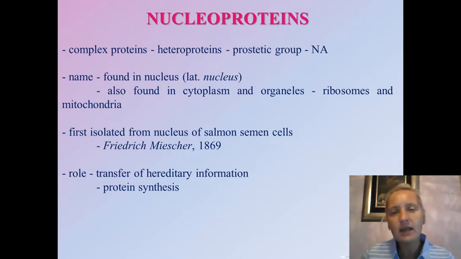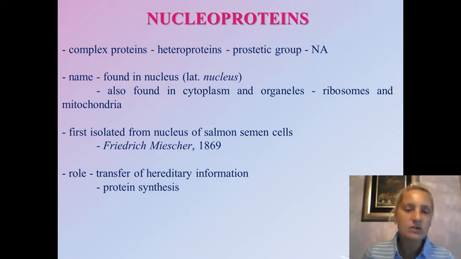Nucleoproteins are named upon the fact that they have been found in a nucleus first, and the Latin name for nucleus is nucleus. Apart from the fact that they have been primarily found in the nucleus, they can also be found in cytosol and in certain organelles.